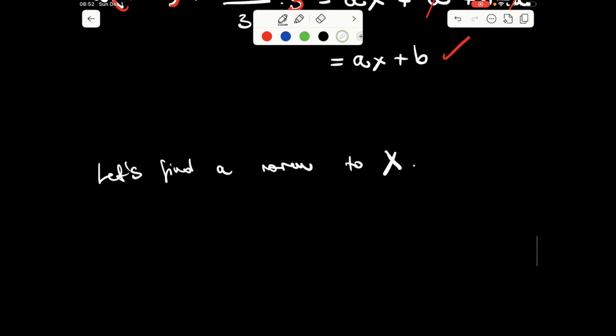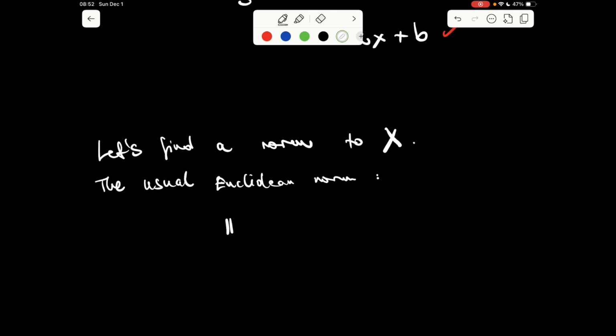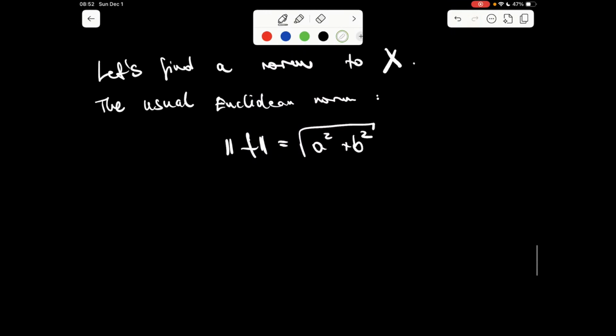So the usual Euclidean norm is a good candidate. Let's try to use the usual Euclidean norm as a norm on the vector space X. To use it as a norm, we need to show that it works as a norm over the function space X.